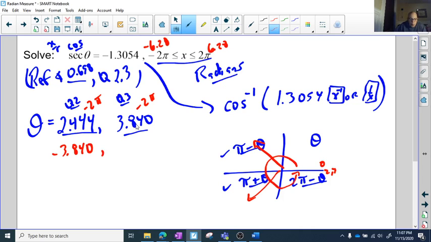And if you go 3.840 and subtract 2 pi, you get negative 2.444. Secant and cosine is the only trig ratio where the positive angles turn out to be the exact same negative angles. That does not happen for sine or tangent or their reciprocals, but it does work for secant and cosine.